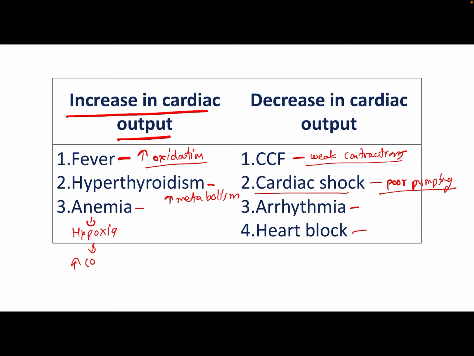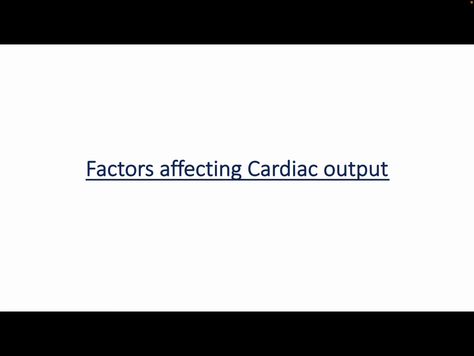In arrhythmia, there will be incomplete filling, so there will be decrease in the cardiac output, and in heart block there will be defective pumping. As there is heart block, the defective pumping will result in decrease in the cardiac output. So these are the important pathological conditions where you will get variation in the cardiac output.